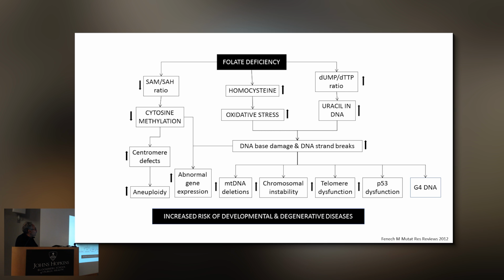So if you are deficient in folate, uracil increases. There are glycosylases that try to take uracil out, and in doing so leave breaks. So if you are chronically folate deficient, you will get transient breaks accumulating. And these breaks can lead to chromosomal instability, telomere dysfunction. Later I show some data about mitochondrial DNA deletions that may cause p53 dysfunction and also G4 DNA accumulation.